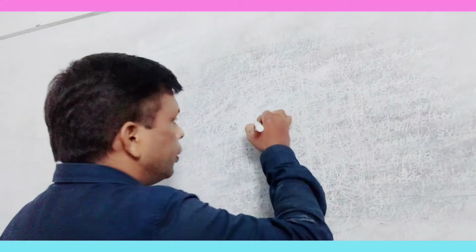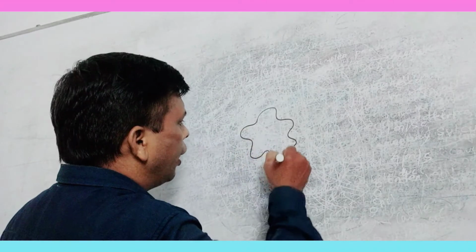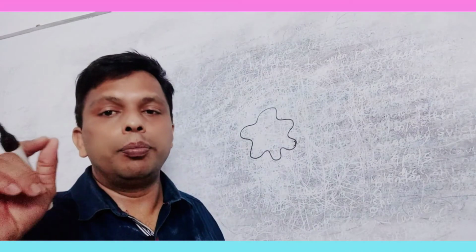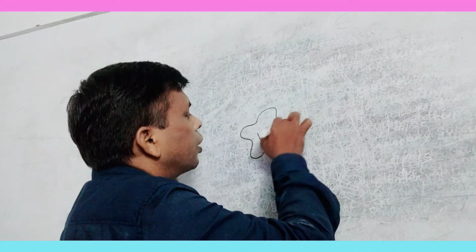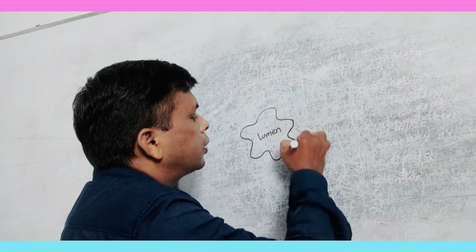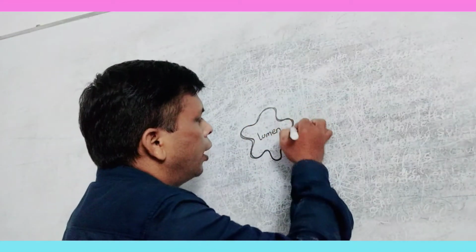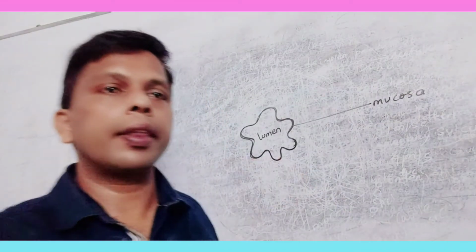Histologically, it is seen that the alimentary canal consists of a hollow lumen. This one is the hollow lumen of the alimentary canal. This is the lumen through which the food passes. The zone surrounding the lumen is called the mucosa.